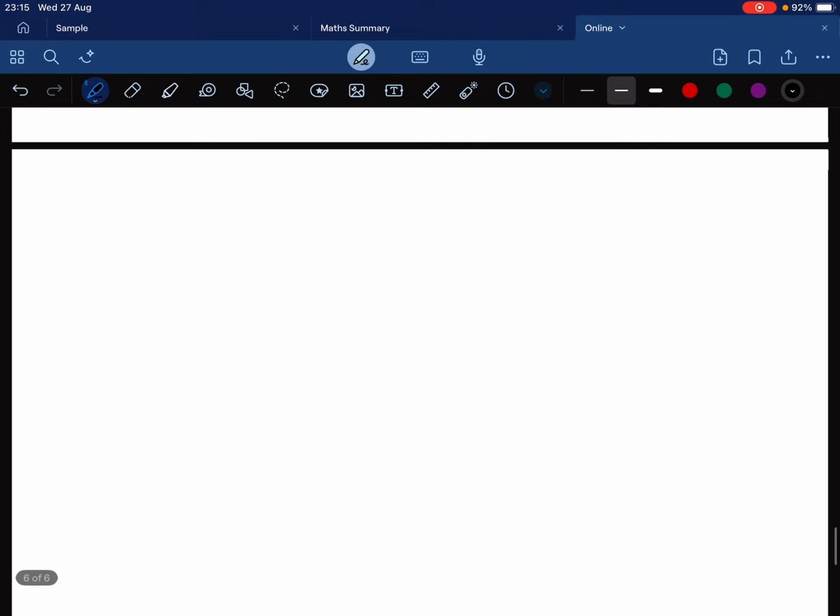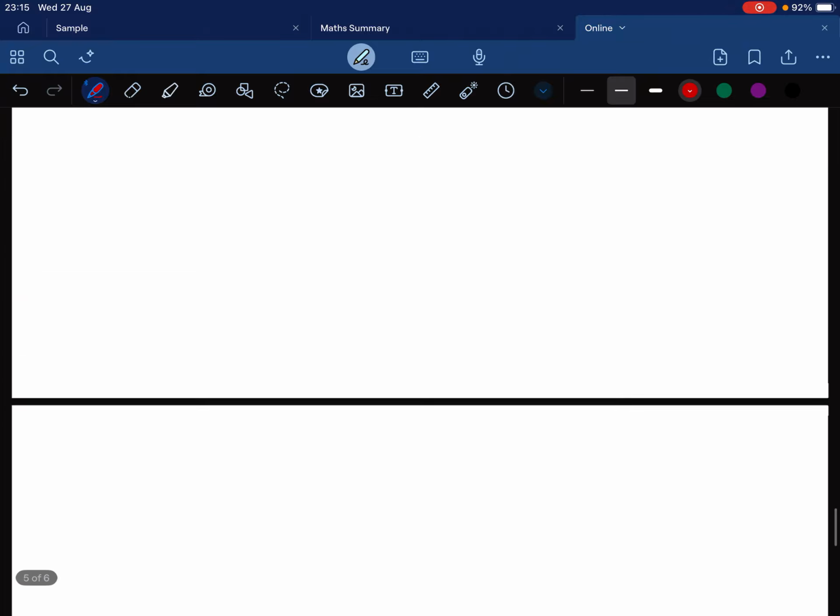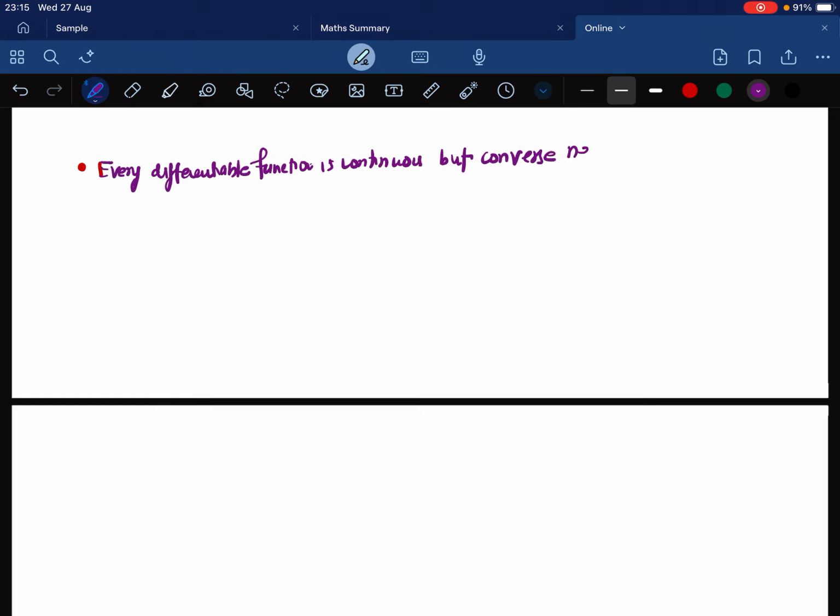Clear? Now let's go to the topic limit. Before studying the topic limit, let me write down some points which might be necessary for you. Every differentiable function is continuous, but the converse need not be true.